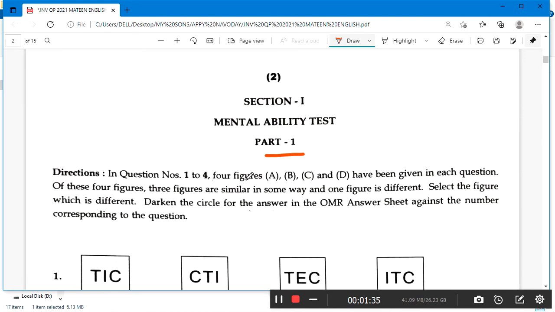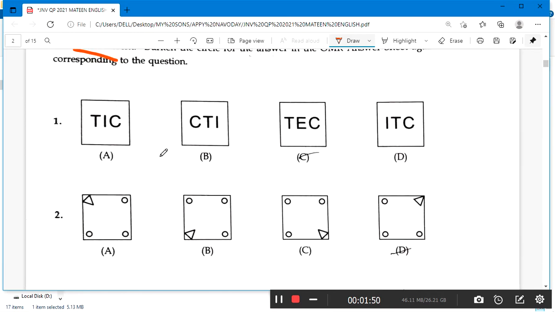In questions 1 to 4, 4 figures A, B, C and D have been given in each question. Of these 4 figures, 3 figures are similar in some way and 1 figure is different. So select the figure which is different. So what we have to do here is find out the one different figure among these 4 figures.